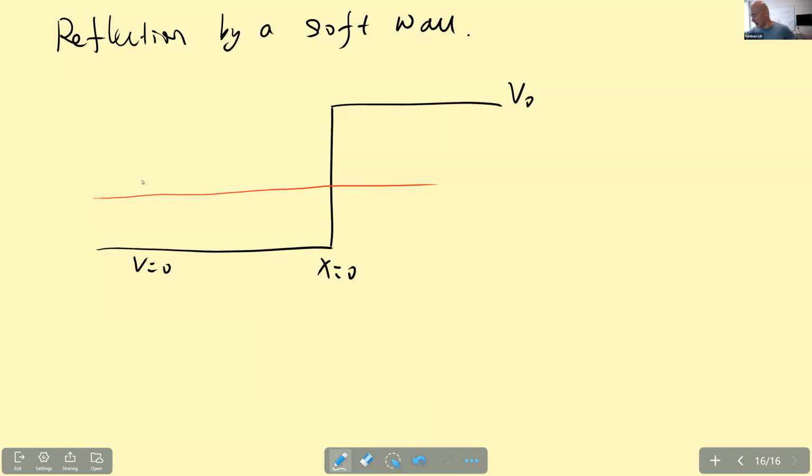I know that in this part you're going to have something like A e^{ikx} plus B e^{-ikx}, right? So this is the left. And on this part you must have something, say C e^{-κx}, right?